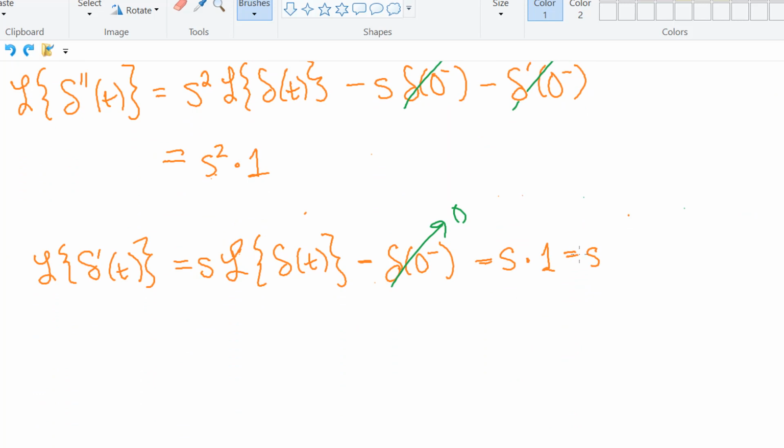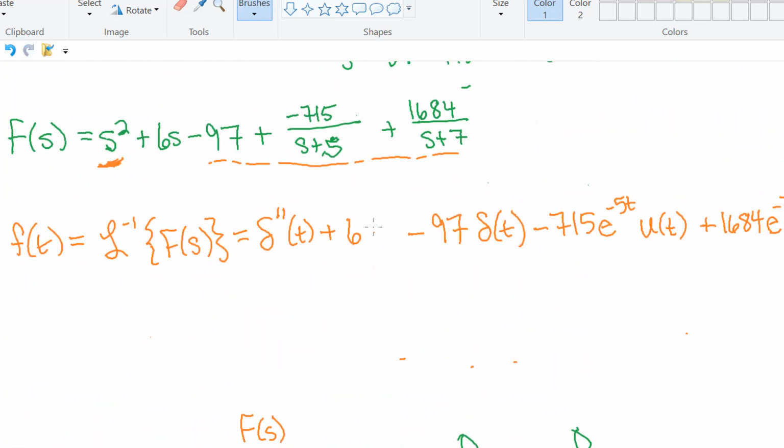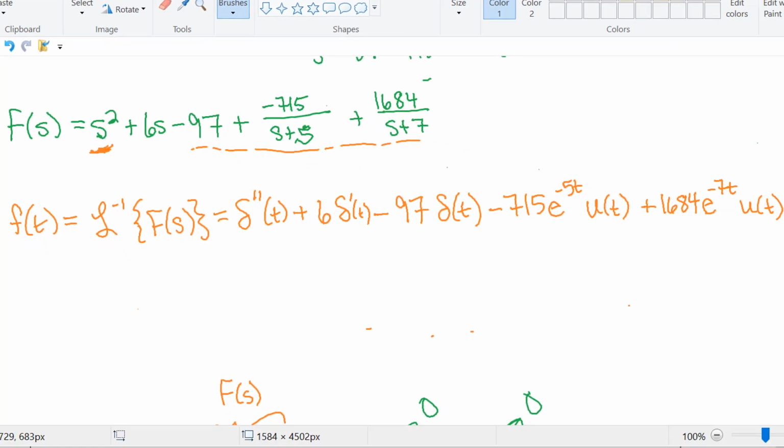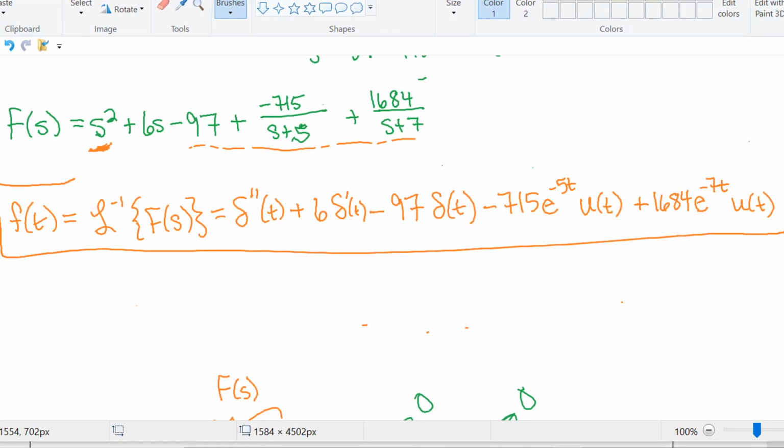S to the first came from the Laplace transform of delta prime. Okay, so that is it for problem 39. So that should get you through the homework, but I'm happy to help if you have questions.